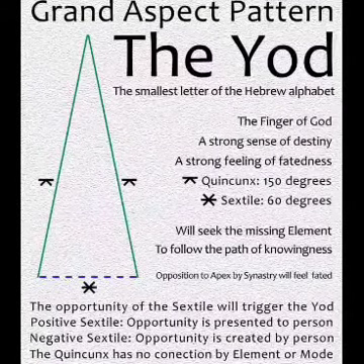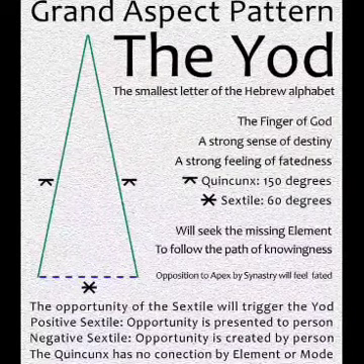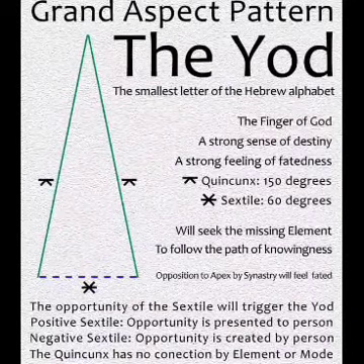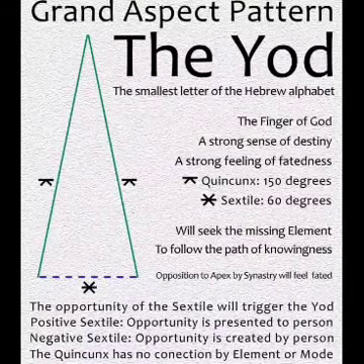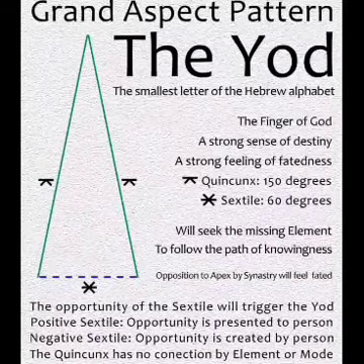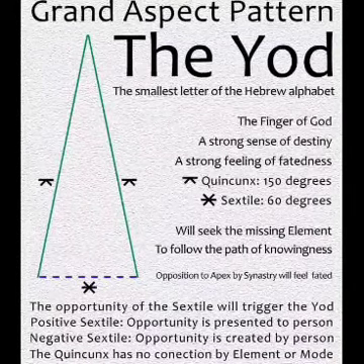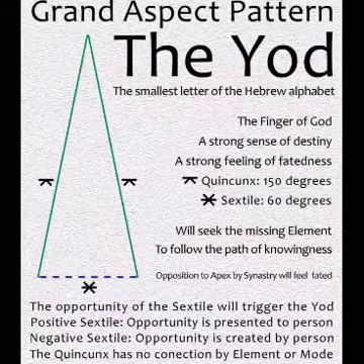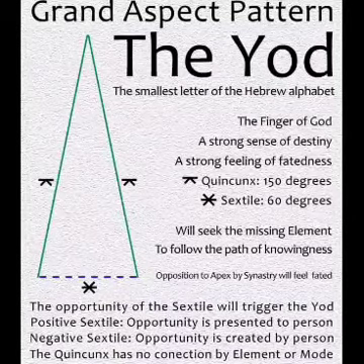When we're breaking down the yod, it's very important to know that the sextile brings forth opportunities that feel harmonious, and you feel that energy like, I can do this, I can accomplish this. It looks different depending on what planet is creating the sextile, of course. With your personal planets, which are your Sun, Moon, and rising, it will affect you far more personally.